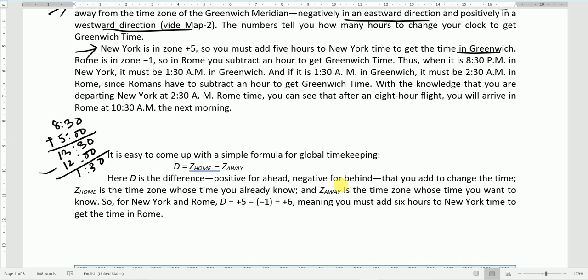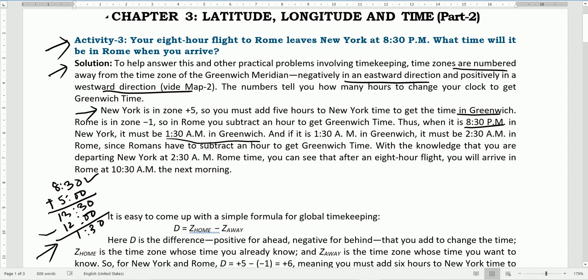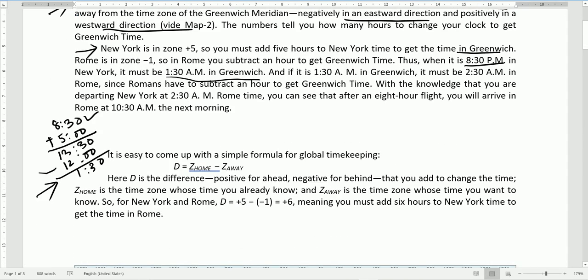Thus, when it is 8:30 p.m. in New York, it must be 1:30 a.m. in Greenwich, as calculated here, that is after adding 5 hours.